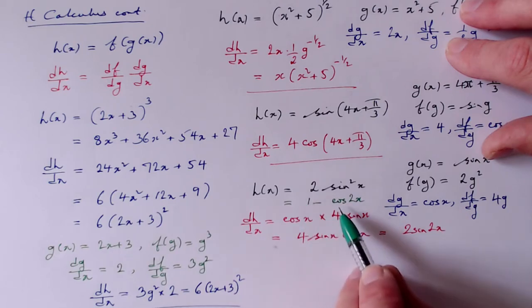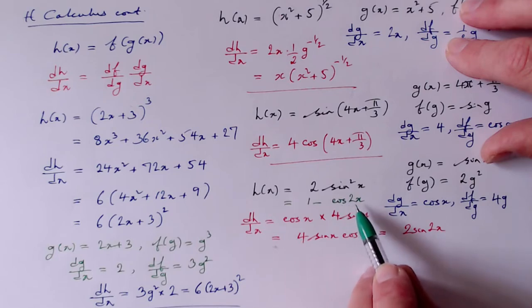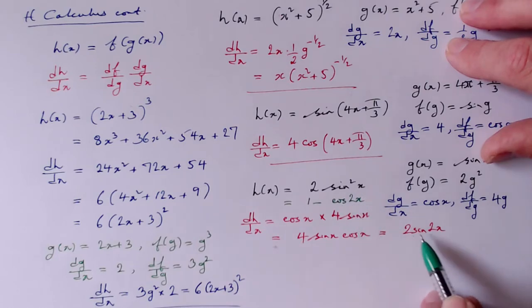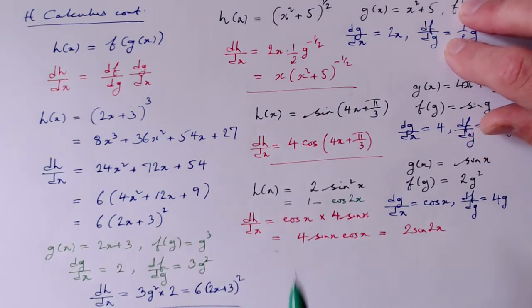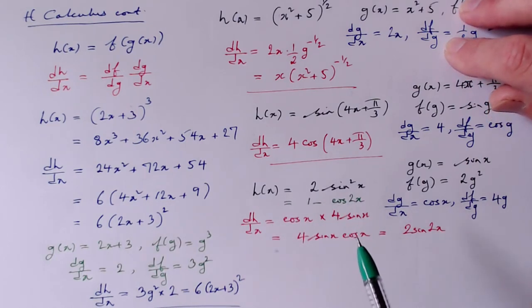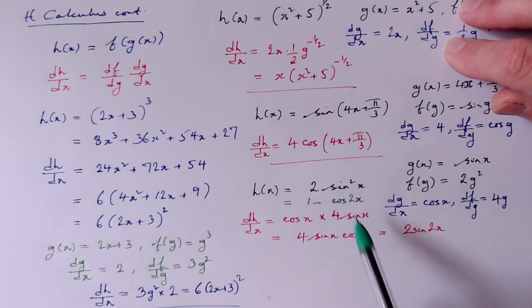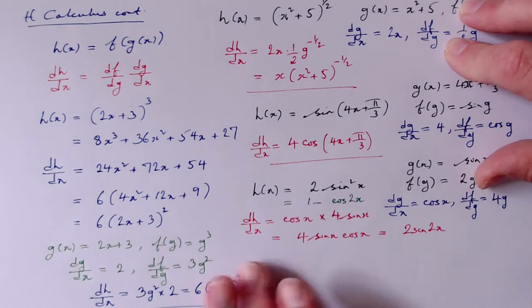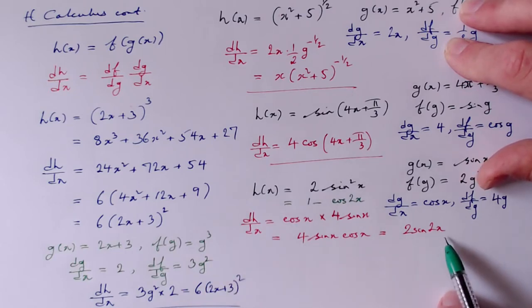This differentiates to 0. Negative cosine differentiates to sine, and differentiating the inner function we get 2, so we get 2 sine 2x. So this is actually an interesting example because we have a function where we can think of it in two different ways as two different composite functions, apply the chain rule differently in each case, but of course we come to the same answer at the end.